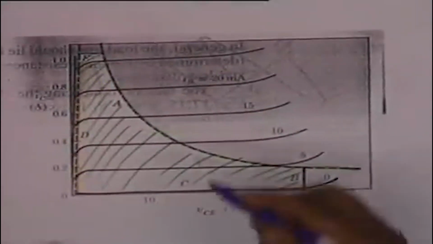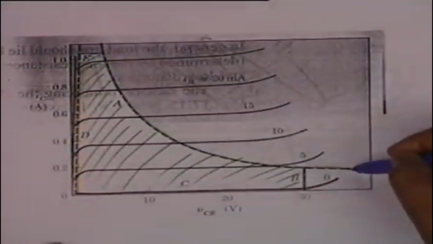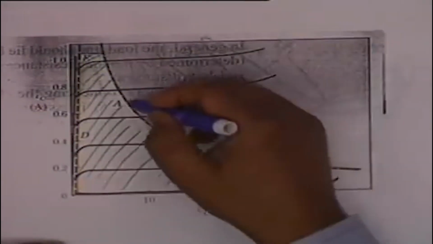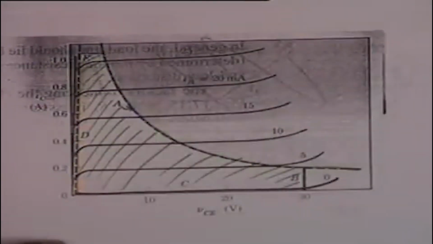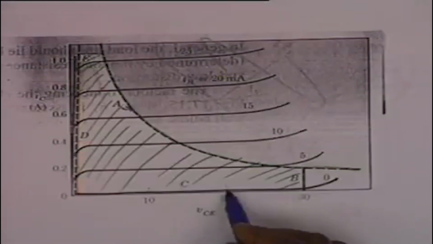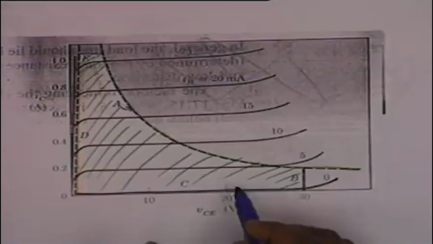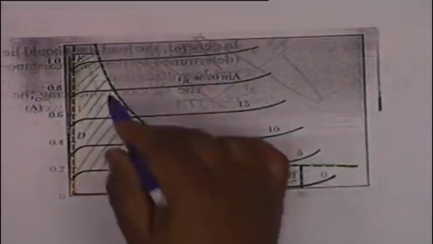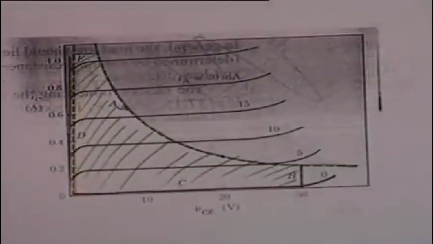And this green line that I show here is this hyperbola, the curve A. This represents VCE multiplied by IC equal to a constant. How to draw it? You take any VCE, let's say 20 volt, and find out the corresponding IC, which is PD divided by 20. Go to that point, and this is a point on the hyperbola. And similarly, you draw several points, then you draw this line.